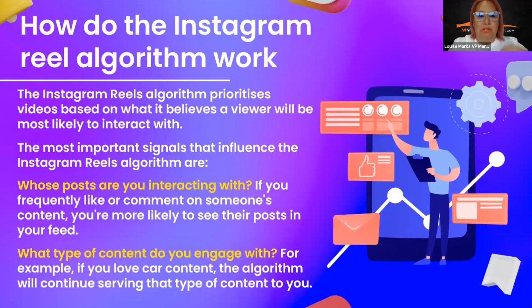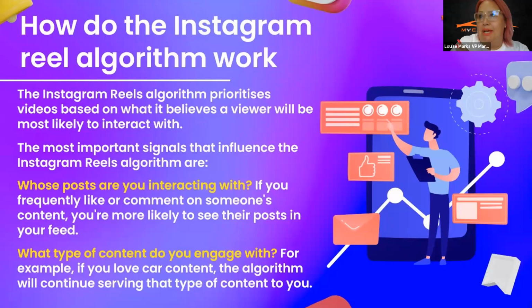The most important signals that influence the Instagram Reels algorithm are: whose posts are you interacting with? If you frequently like or comment on someone's content, you're more likely to see their posts in your feed, very much like Facebook. So you know that we are friends first. We are about engaging with people.